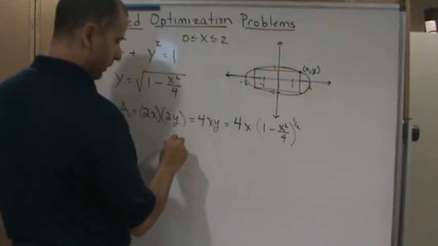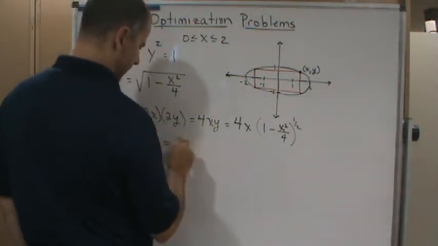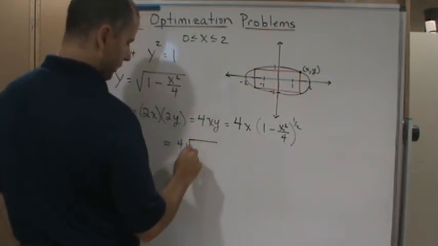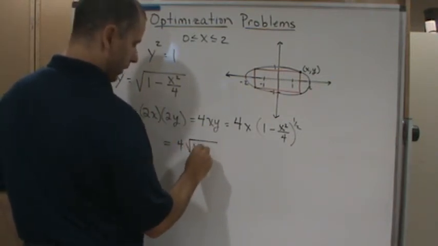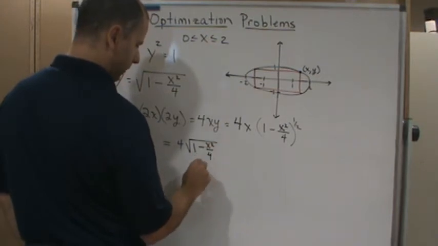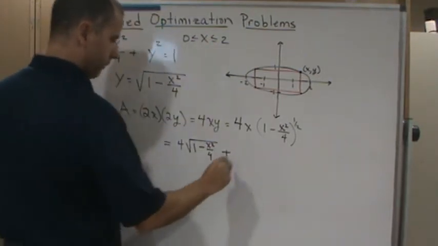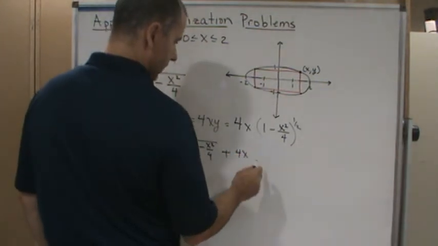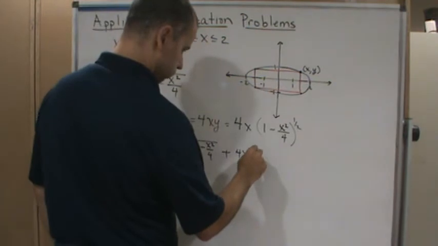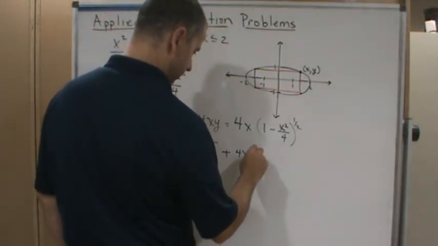So this is going to be the derivative of the first times the second. So I'm going to write 4 times the square root of 1 minus x squared over 4, plus 4x times the derivative of the second, which is going to give us 1/2.